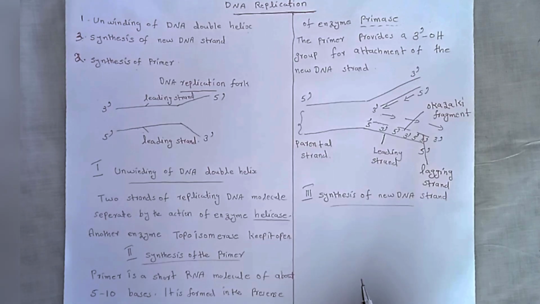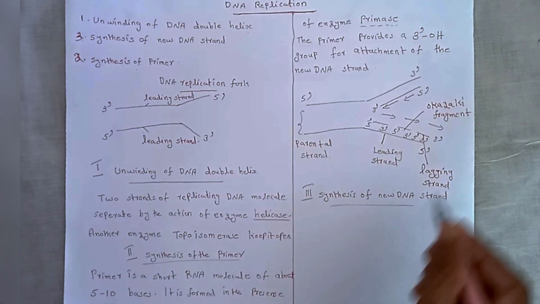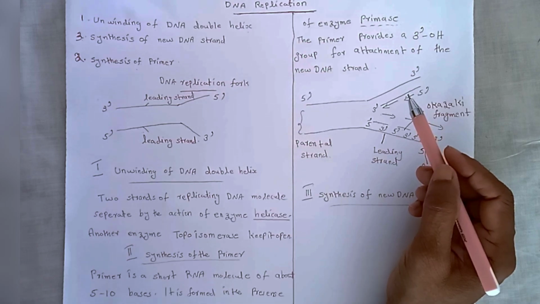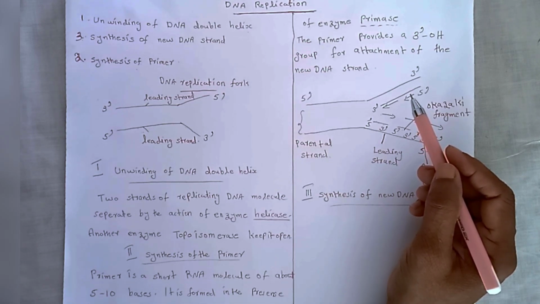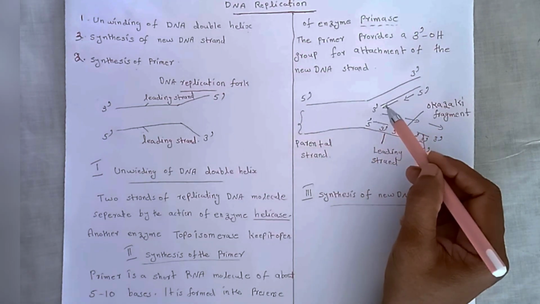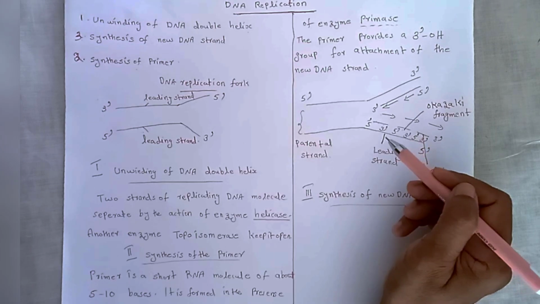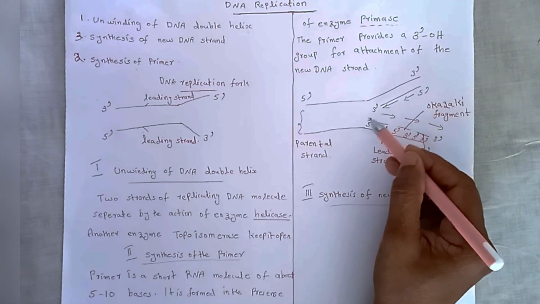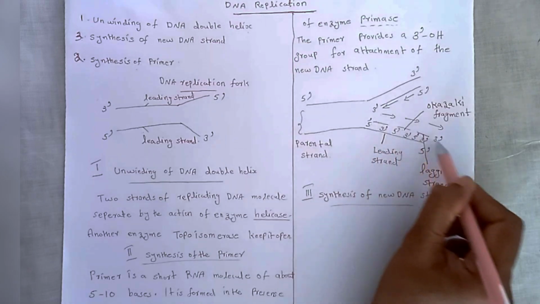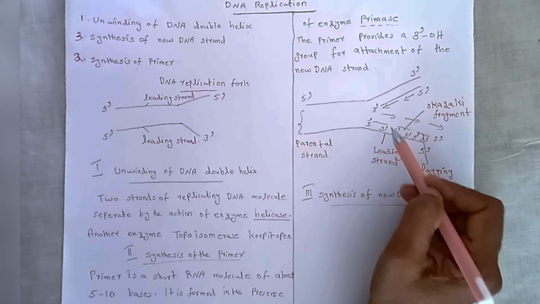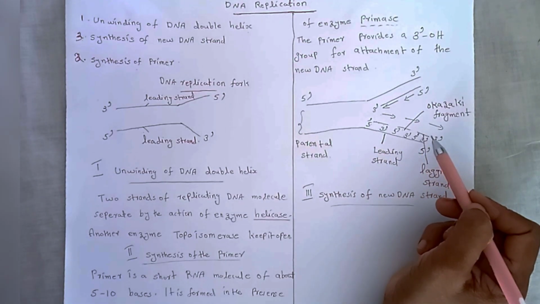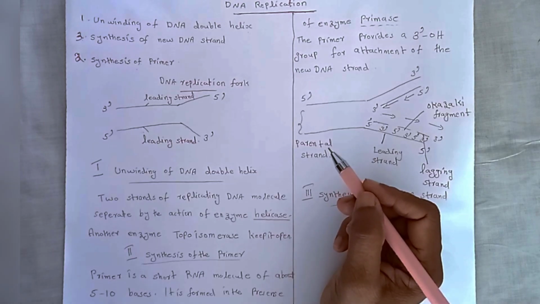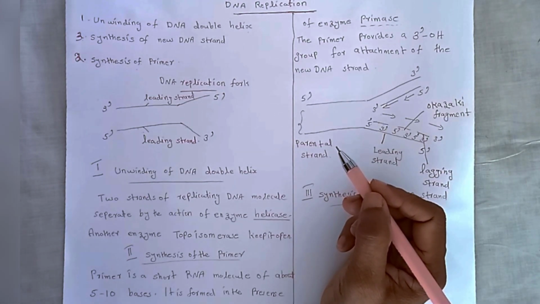DNA synthesis always takes place in the 5' to 3' direction. So the new DNA strand gets synthesized in the direction opposite to the leading strand.